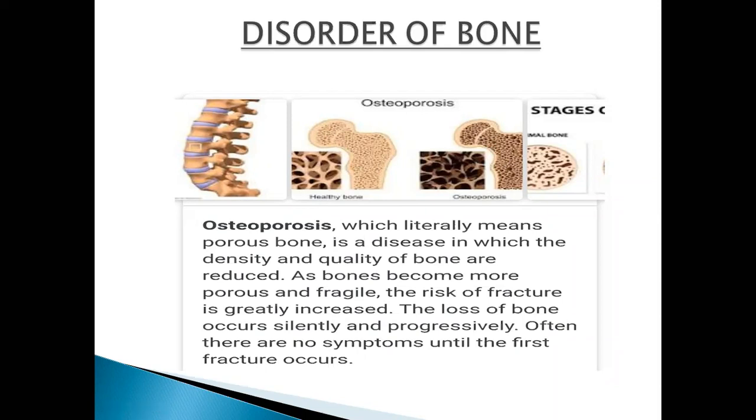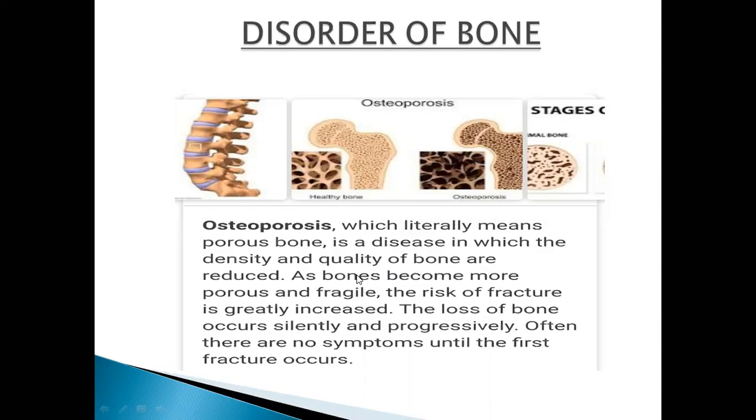And other things that can be responsible for osteoporosis are malnutrition. Do you remember malnutrition from your 9th class? Problems related to nutrition are called malnutrition. Yes. Osteoporosis can be caused by malnutrition, lack of physical activity, or deficiency of one hormone, estrogen.